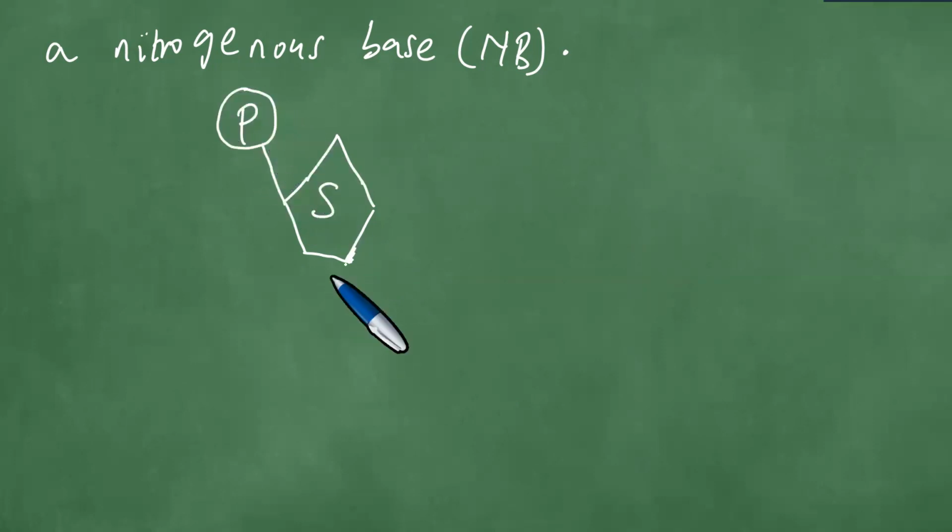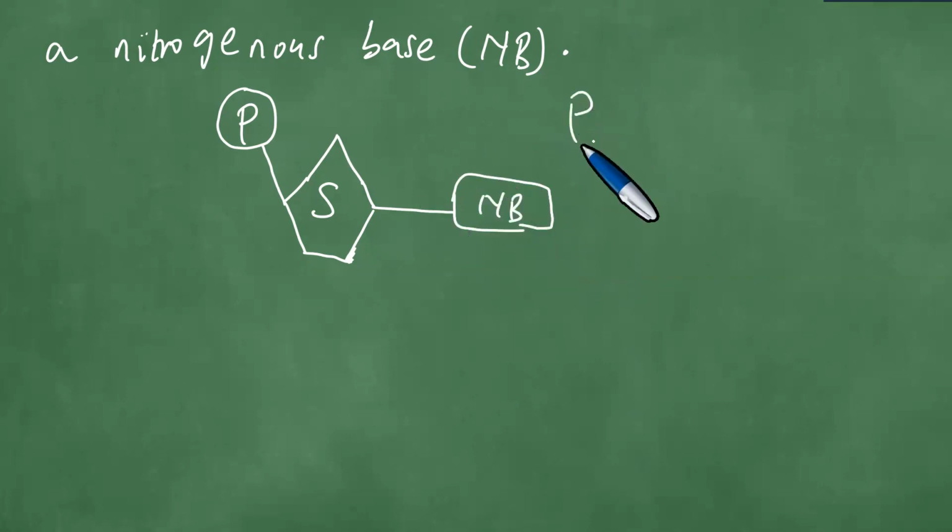Phosphate and sugar. The sugar molecule, but also here we have the NB. Obviously we have the key.